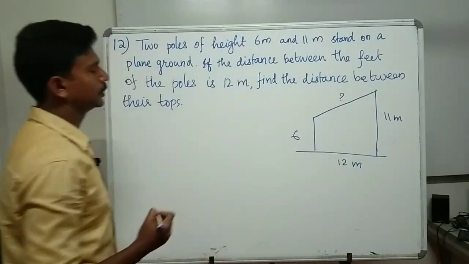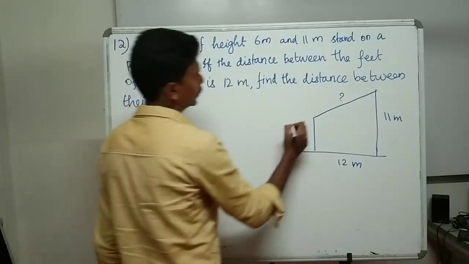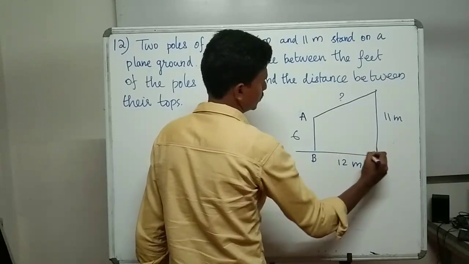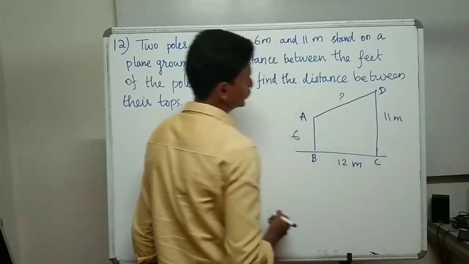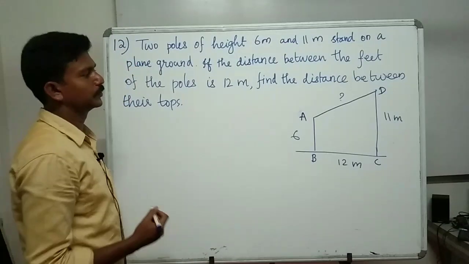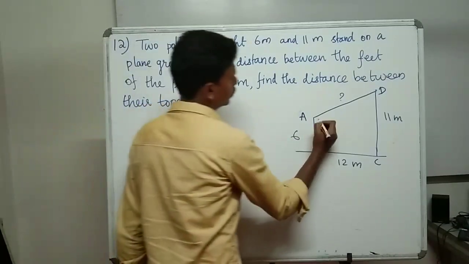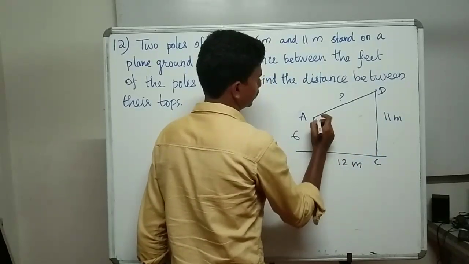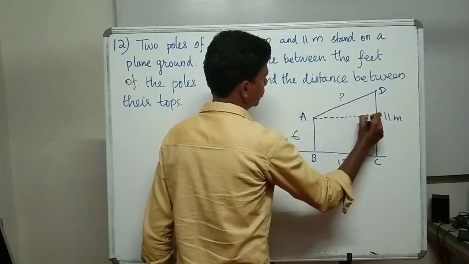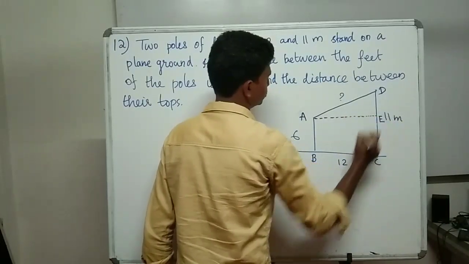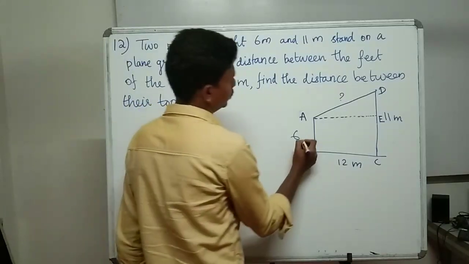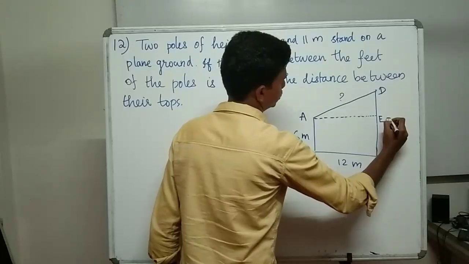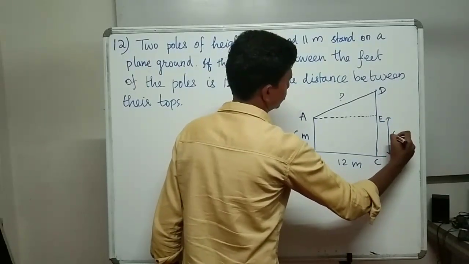So we can name this pole A, B, and this one C, D. Then we can draw one line here, and call this point E. Here it is 6 meters, so this distance we can say is 6 meters.